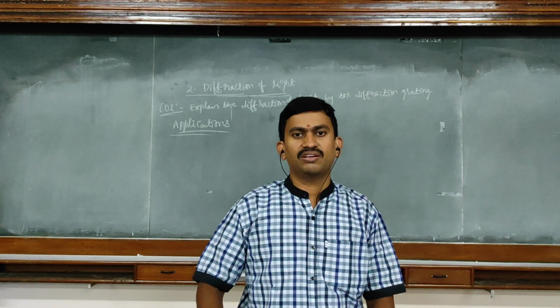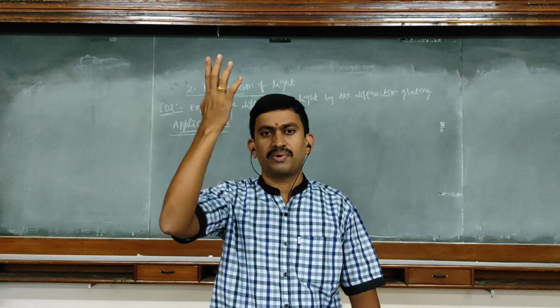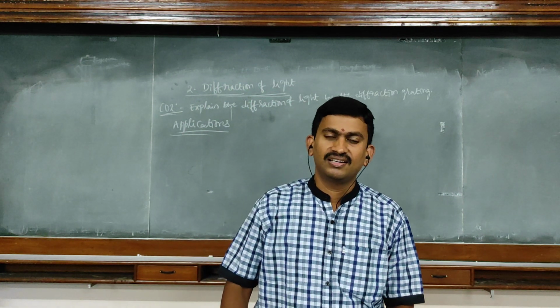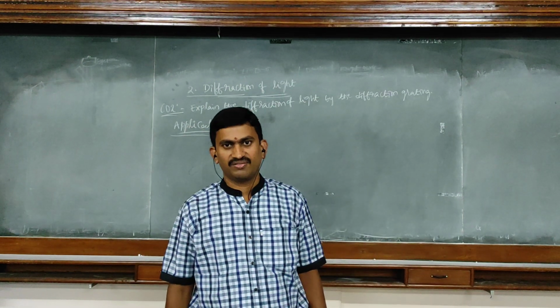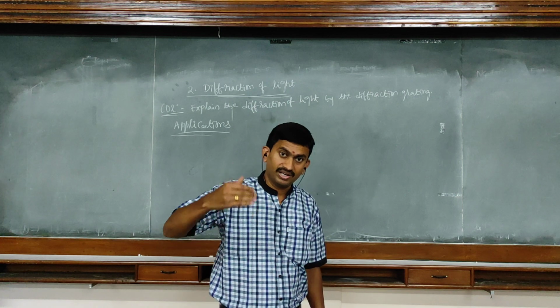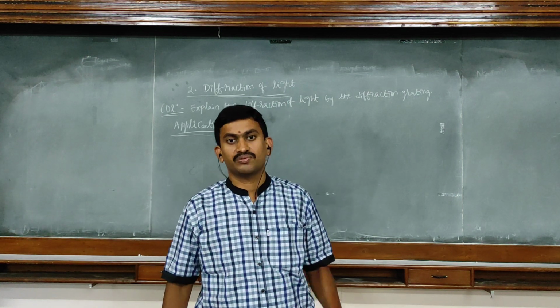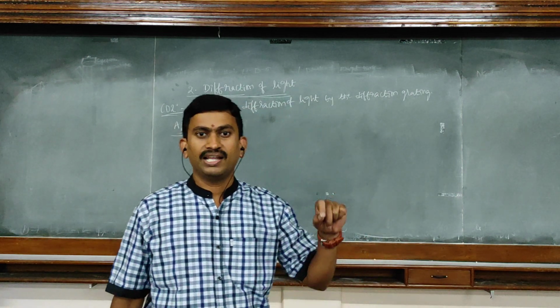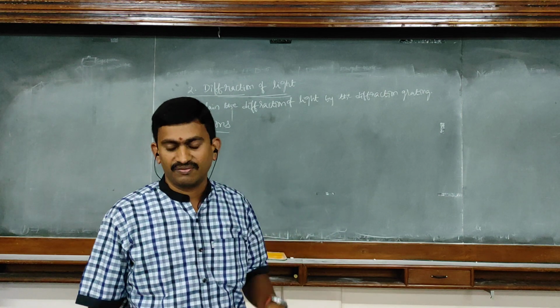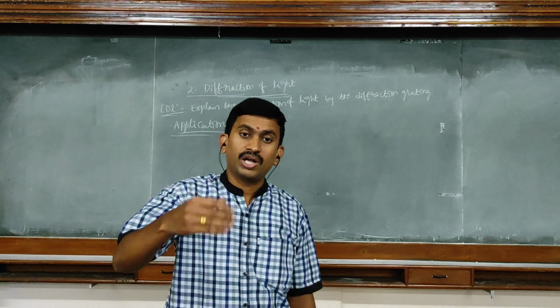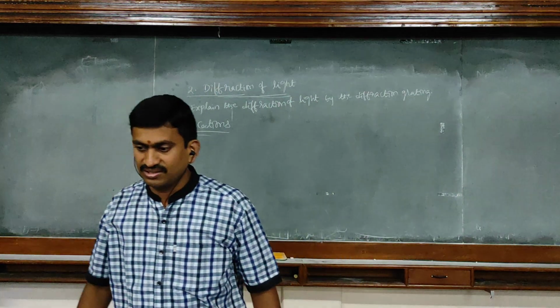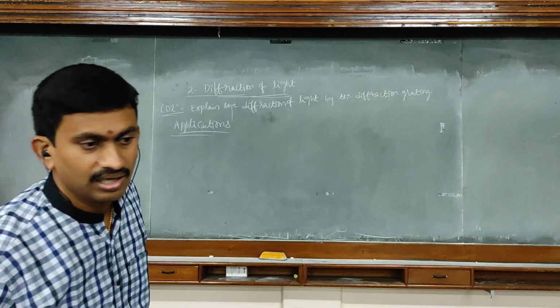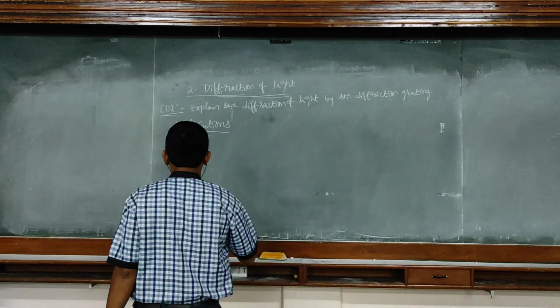If you Google it, you can find a large number of applications. So we have a lot of applications, hence we need to study the principle behind diffraction of light. First of all, what do you mean by diffraction of light? So we have to concentrate on the definition of diffraction of light.